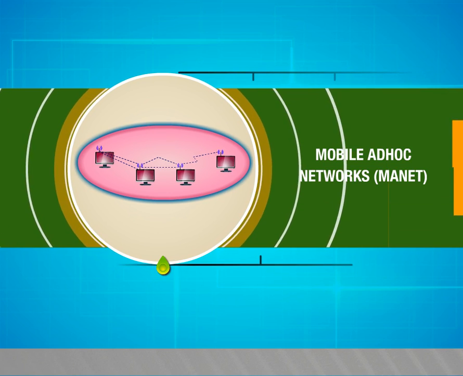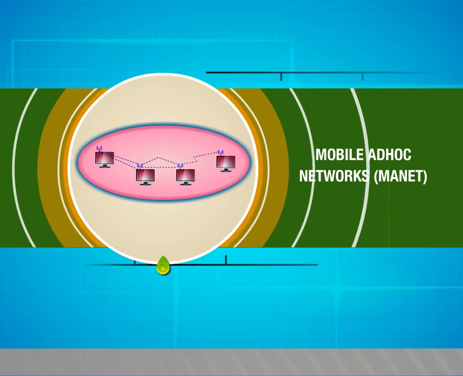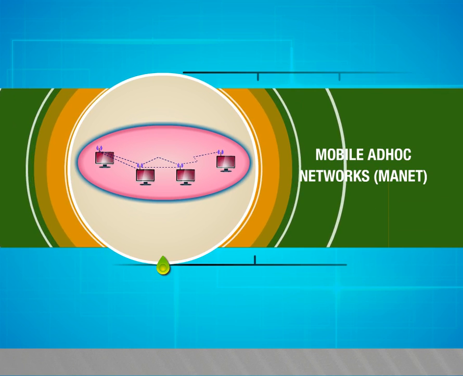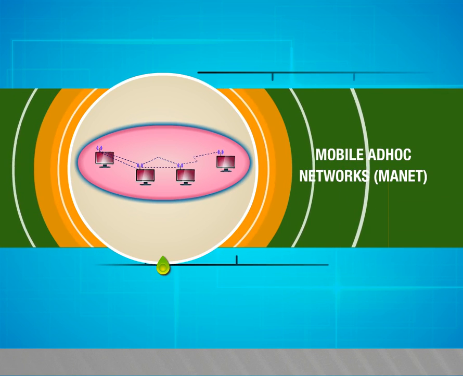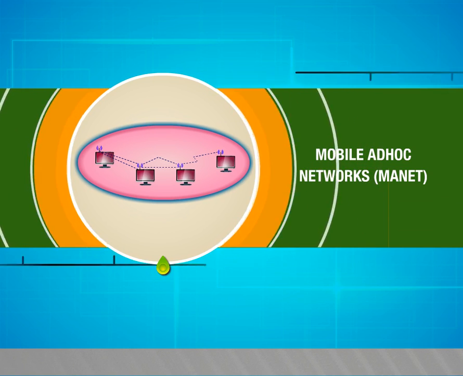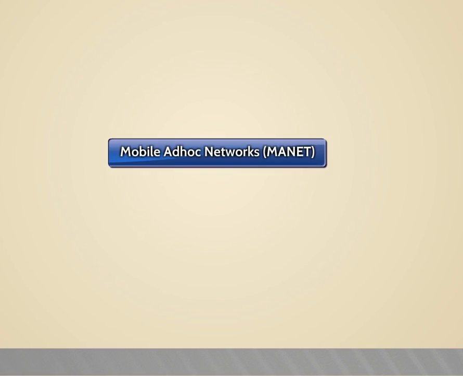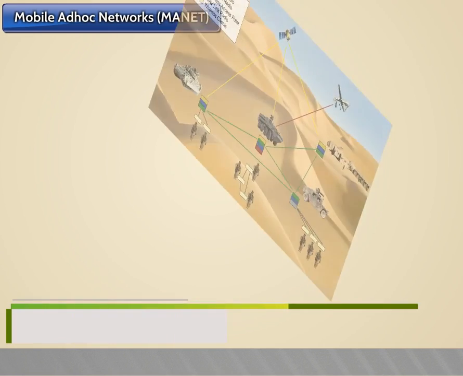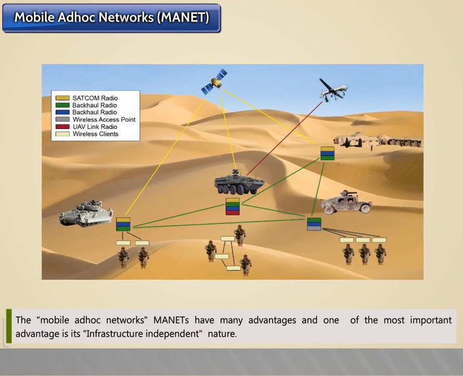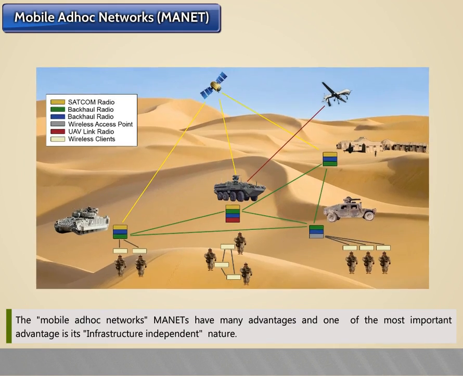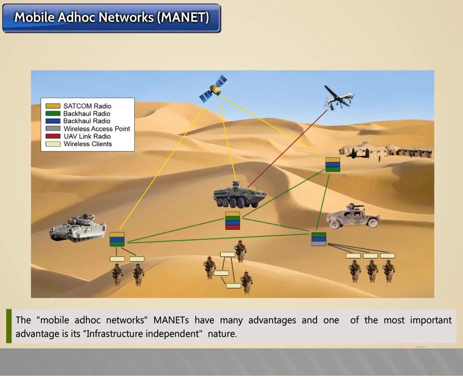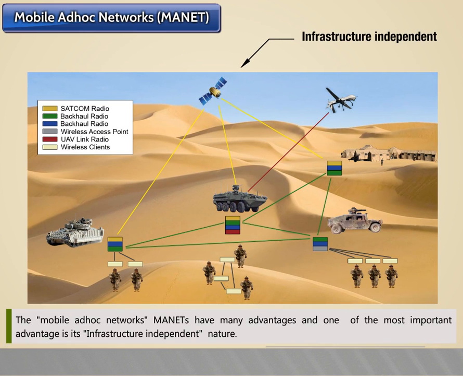Mobile Adhoc Networks, MANET. In this video, we are going to see about Mobile Adhoc Networks, that is MANET. MANETs have many advantages, and one of the most important is their infrastructure independent nature.